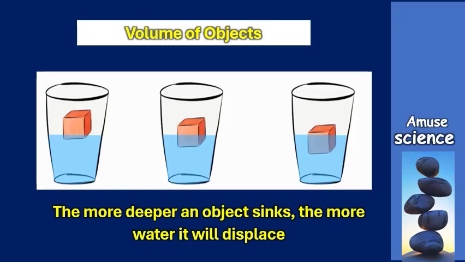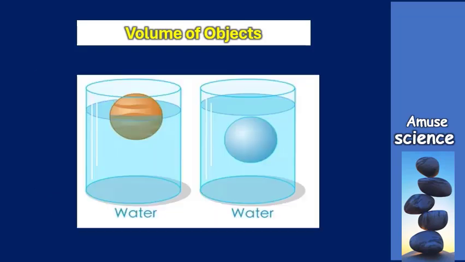For example, if I drop an object in a cylinder of water and the object sinks completely, the volume of water displaced will be more than when only half of the volume of the object sinks. In this case, it means that if half of the volume of the object is in the liquid, it will displace a volume of water half of its volume.